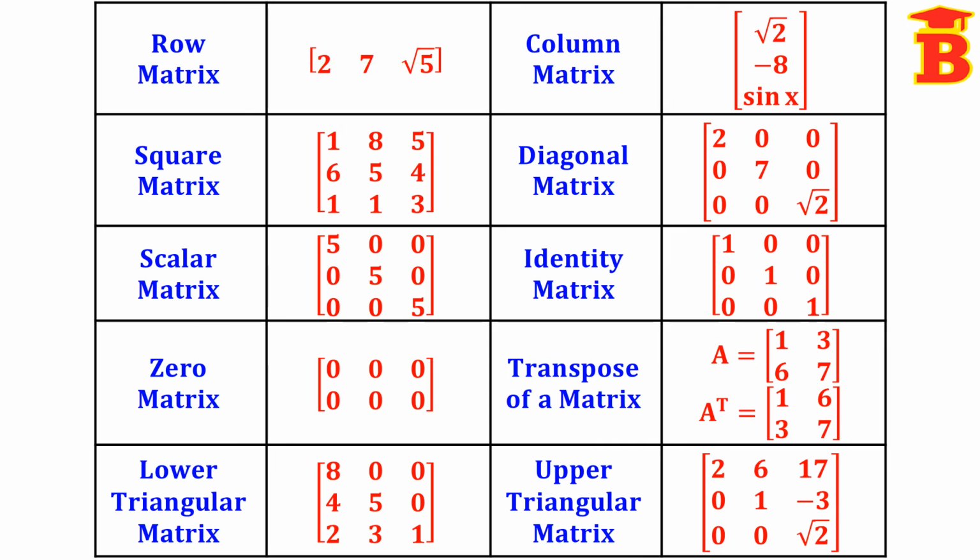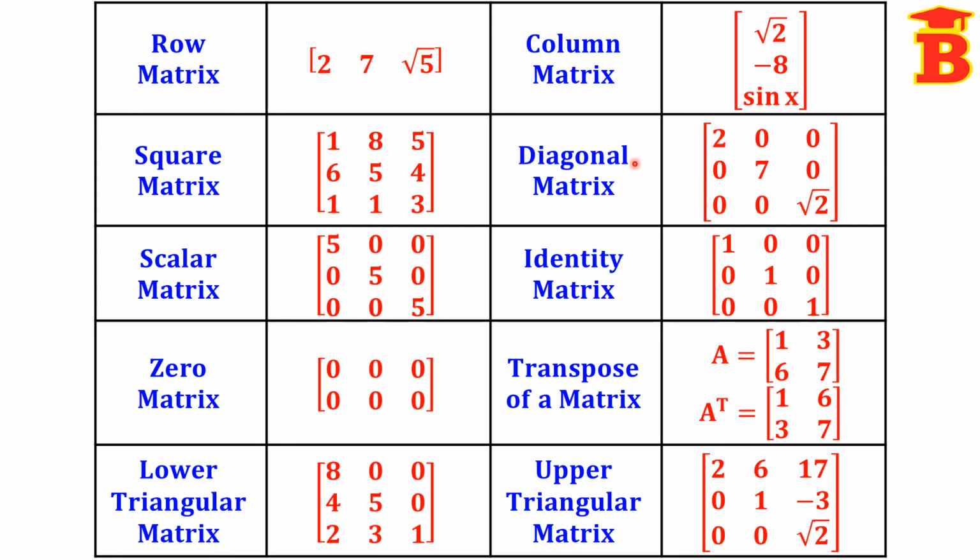So we must have only one column, then it is called column matrix. Next is square matrix. See the word square. So the elements are in square shape. That means rows and columns should be equal. Then it's a square shape and it is called square matrix.